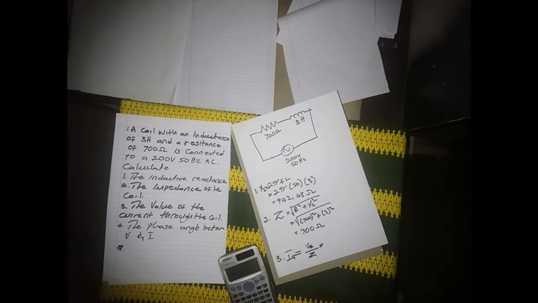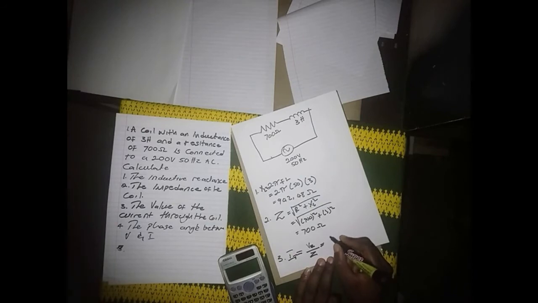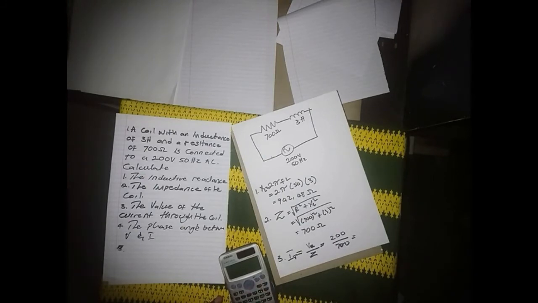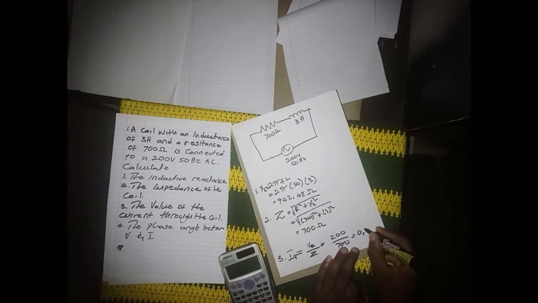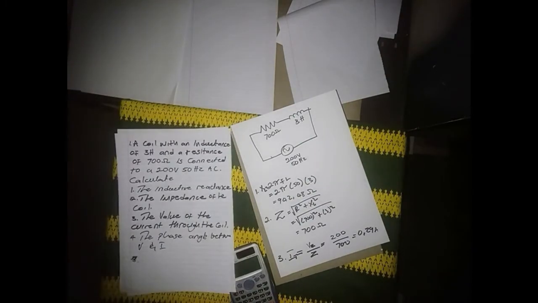It sees both of them, and both of that is called the impedance. It doesn't see the inductance only or the resistor only, so we must use both of them. 200 over 700. We get 0.29 amps. So can you please squeeze the last one?